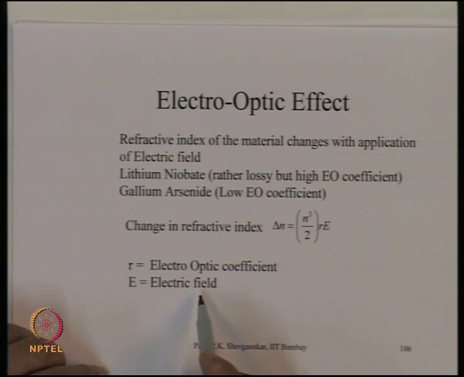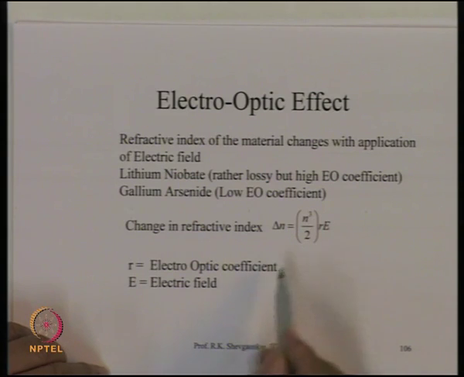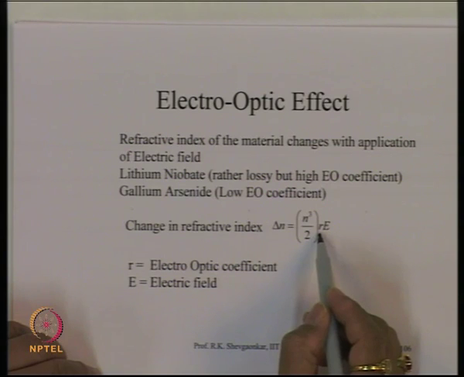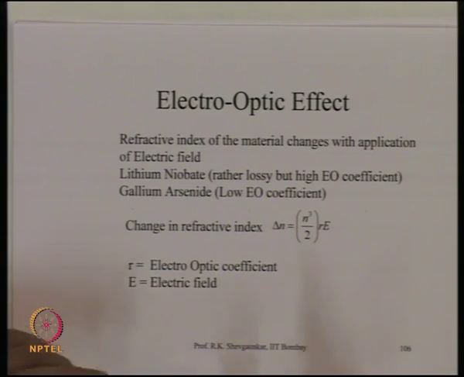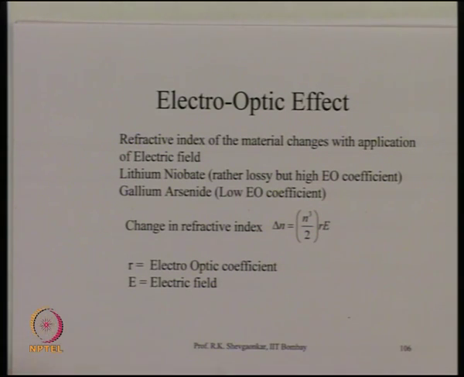Without going into that detail, in short we have a material whose refractive index can be changed by application of an electric field, and the change in refractive index delta n is equal to n cube by 2 times r times E, where n is the refractive index of the material, r is the electro-optic coefficient, which is a material property, and E is the applied electric field.